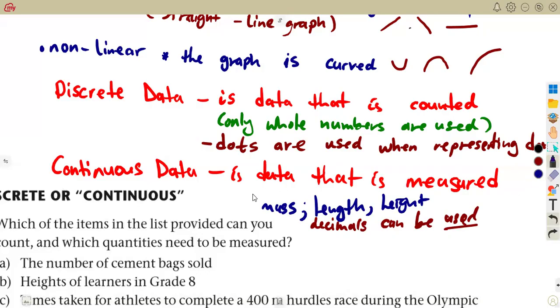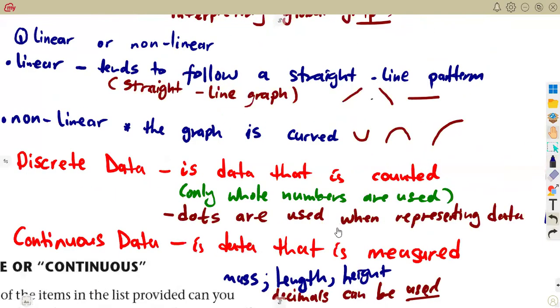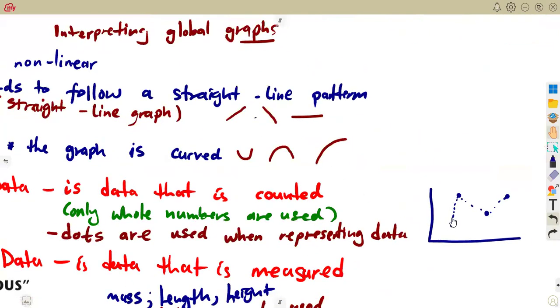When you are given the presentation now, you are going to represent this using a solid straight line, or a curve to join the dots. Remember there we had the dots that you plotted, and you just join from one point to another. Sometimes they don't even use this, they just put the points.